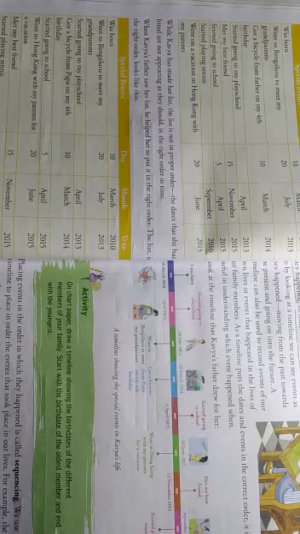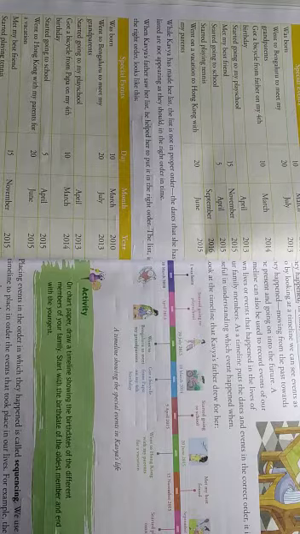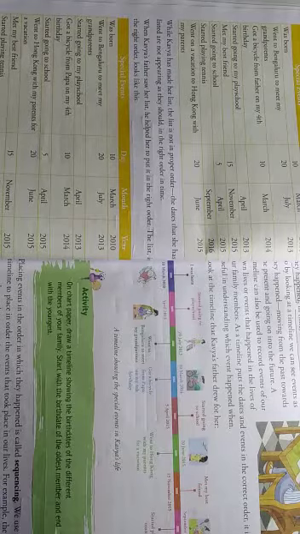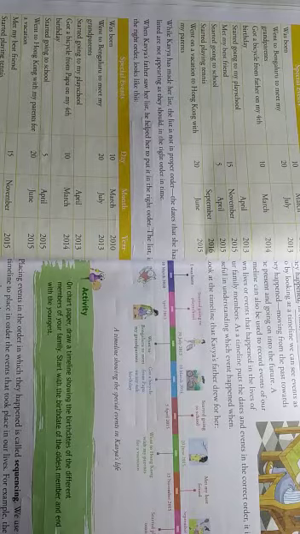If we want to remember these events, then we have to make a list. If you make just a simple list, you will get confused about their order of occurrence, right? So in order to understand those events in a properly arranged way, we use a timeline.